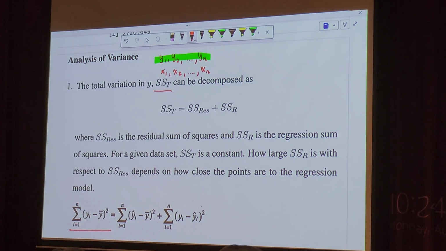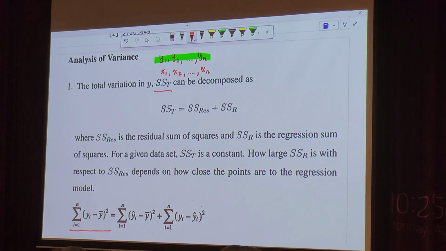That's called corrected, corrected using the mean. You might recognize that this is just part of the sample variance, right? Sample variance is a measure of variation. If you take away the coefficient 1 over n minus 1, it's also a measure of variation.